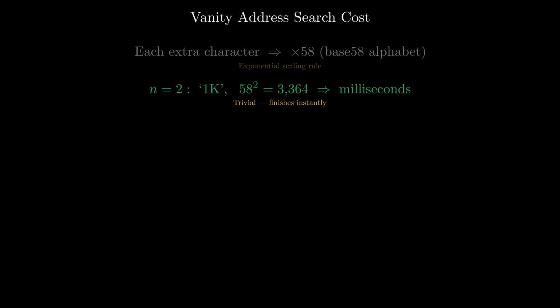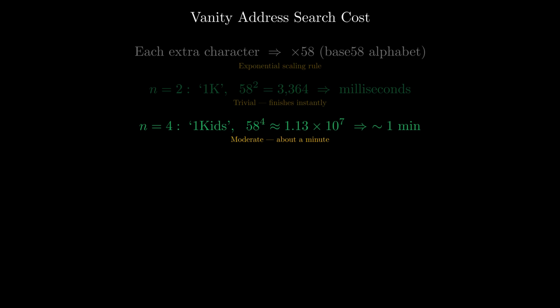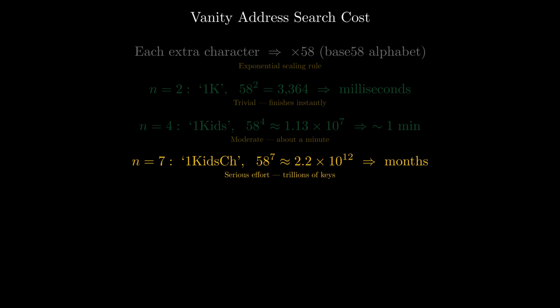That finishes in milliseconds. Extending to 4 prefix characters, roughly 1 kids, means 58 to the 4th, about 11 million combinations, which takes around a minute. 7 characters jumps to 58 to the 7th, about 2.2 trillion, stretching into months.